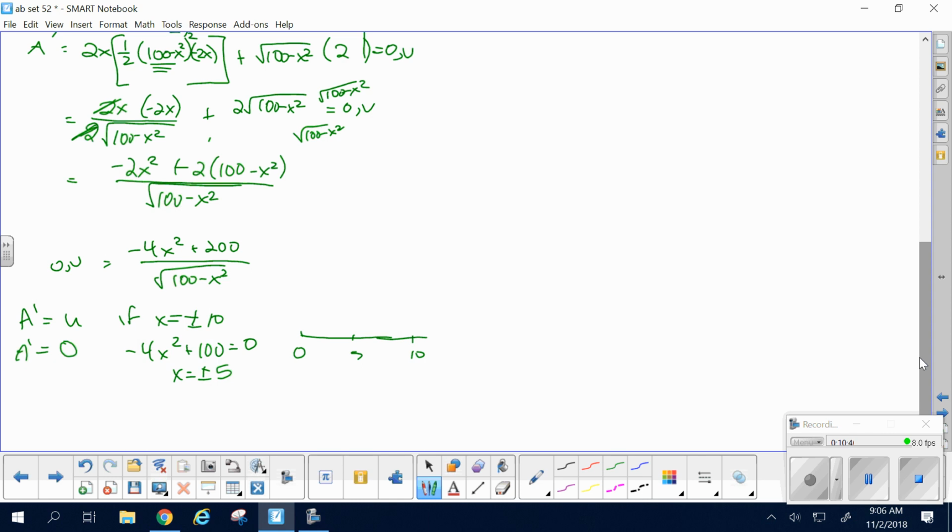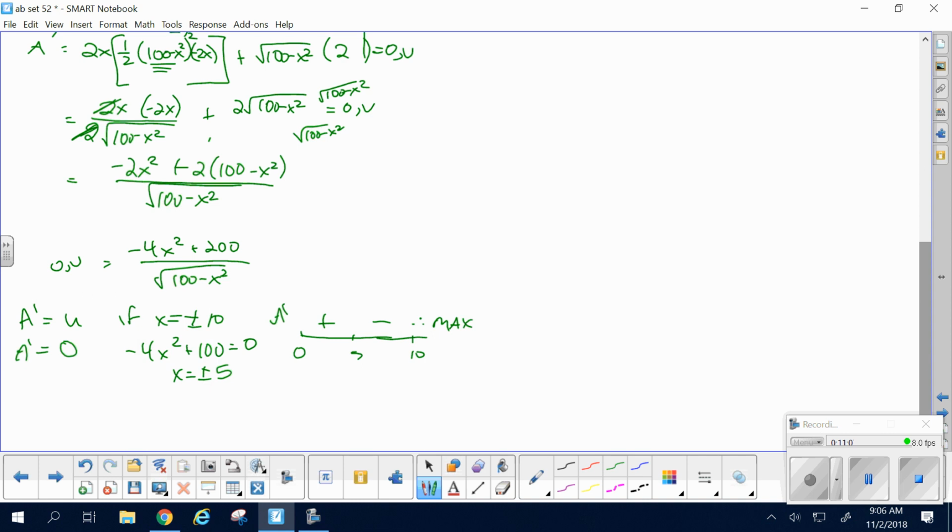So if I put in 1 for x, would this be positive or negative? Positive. And if I put in 8 for x, 8 squared is 64 times negative 4 would be 240-ish, that would be negative. So did I get a max at x equals 5? Yeah, all right. So that's a max because the derivative is going positive to negative.